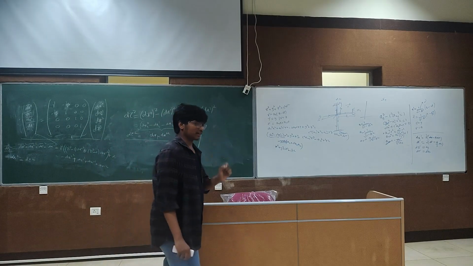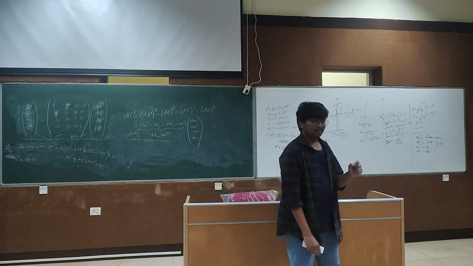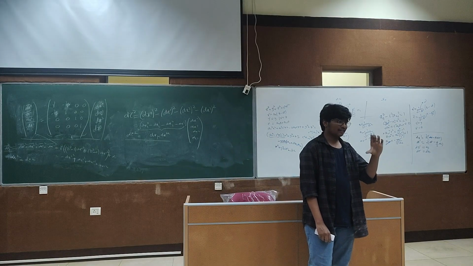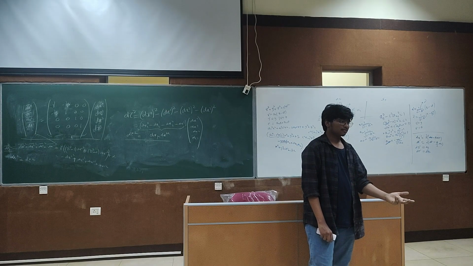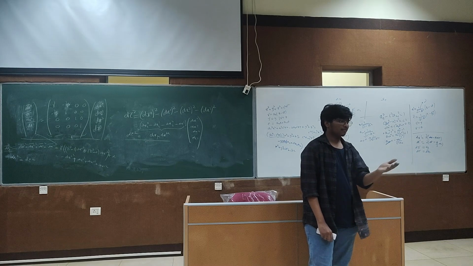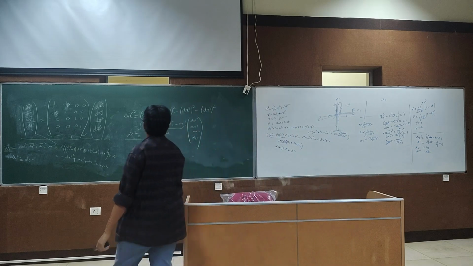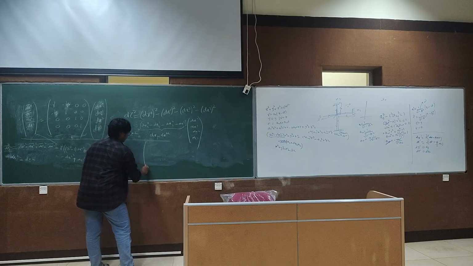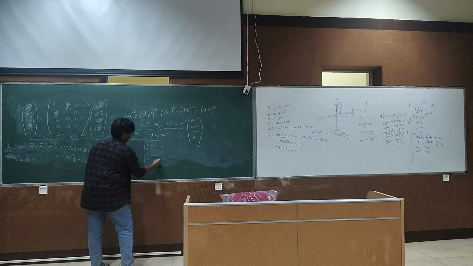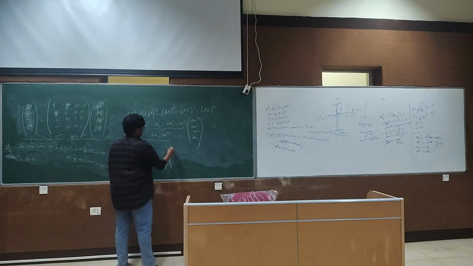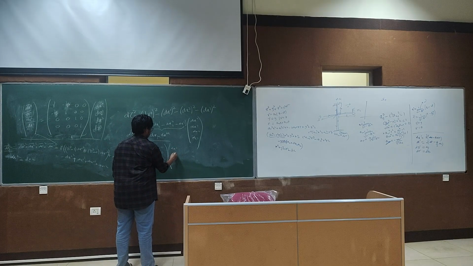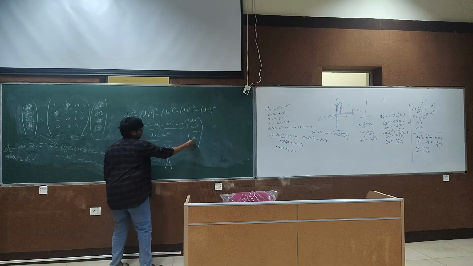Imagine you have a vector A, B, C, D and you want to operate on it with a matrix so that the last three objects, B, C, D, become negative. Diagonal 1, minus 1, minus 1, minus 1. So you multiply with this.